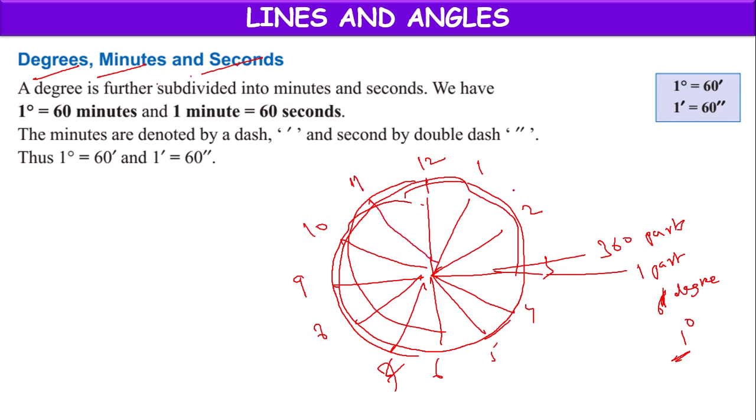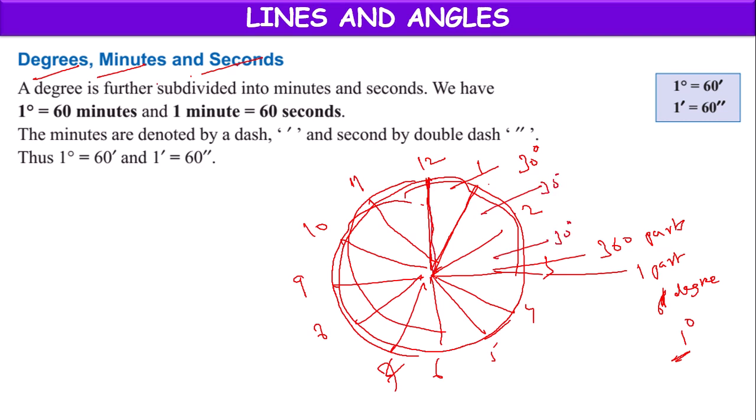Like this, the clock has numbers around its circumference. The place between 12 and 1 is divided into 30 degrees. Between 1 and 2, again 30 degrees. Between 2 and 3, again 30 degrees.